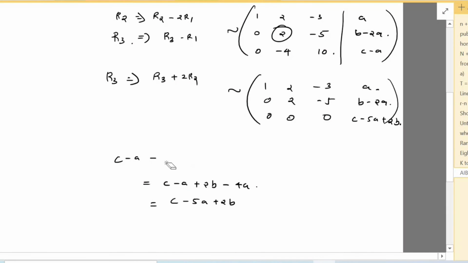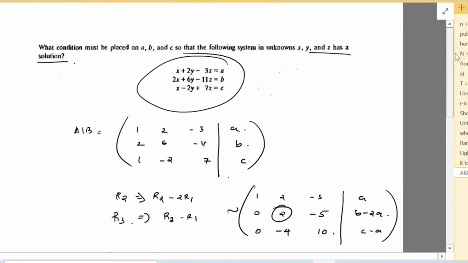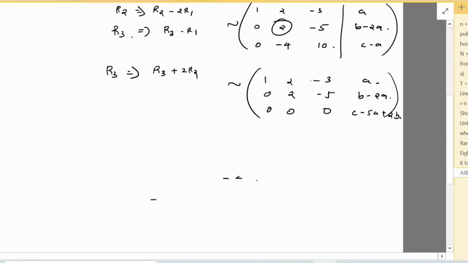So this is the echelon form: 1, 2, minus 3, a; 0, 2, minus 5, b minus 2a; 0, 0, 0, c minus 5a plus 2b.